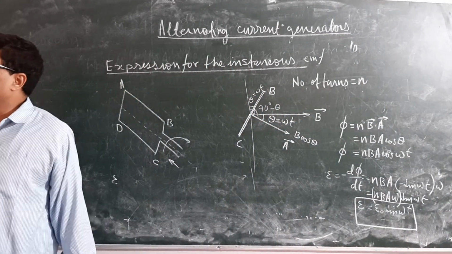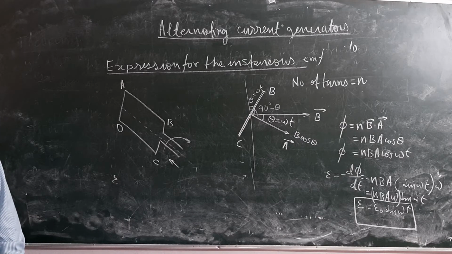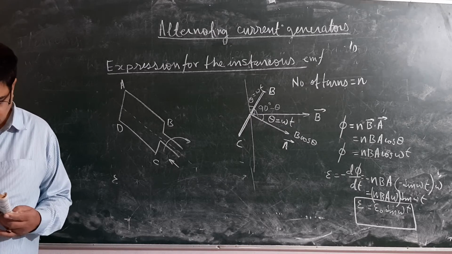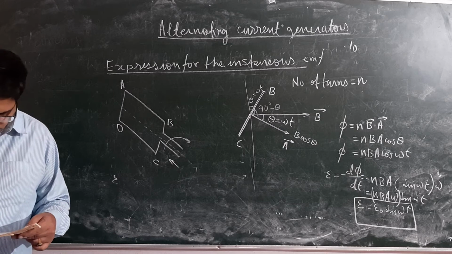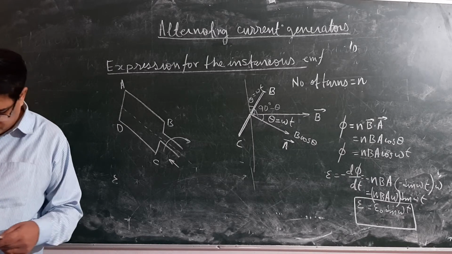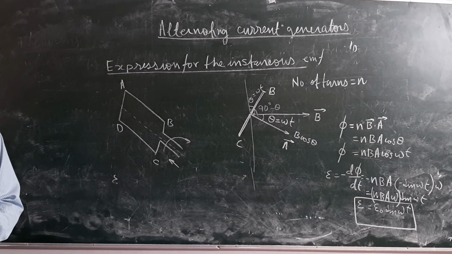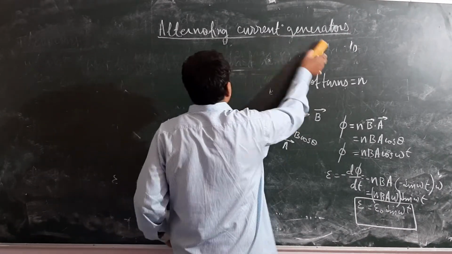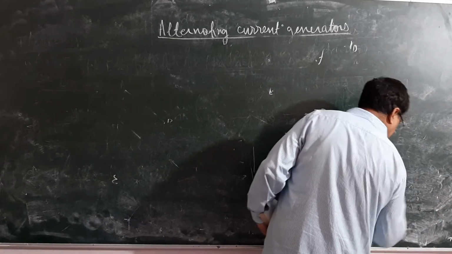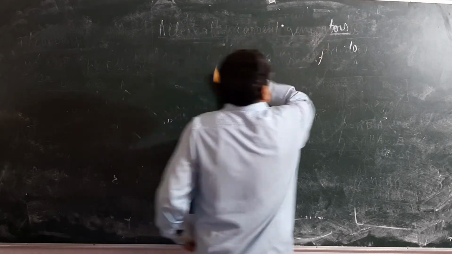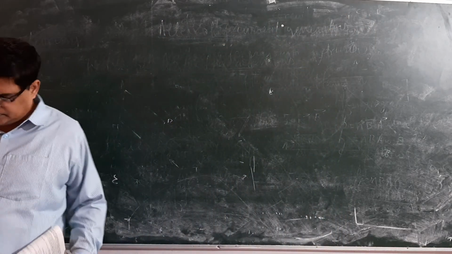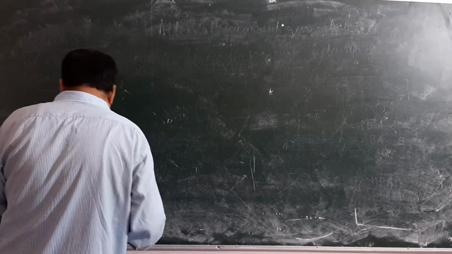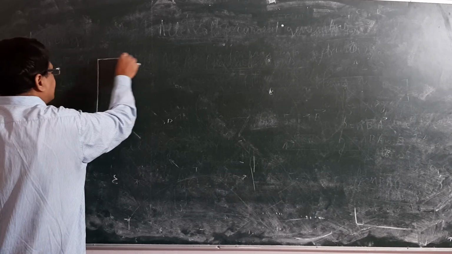Now based on this, we can solve a few numerical problems. The question is, there is a rectangular coil or the armature.